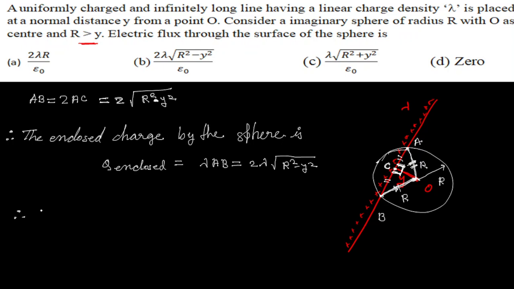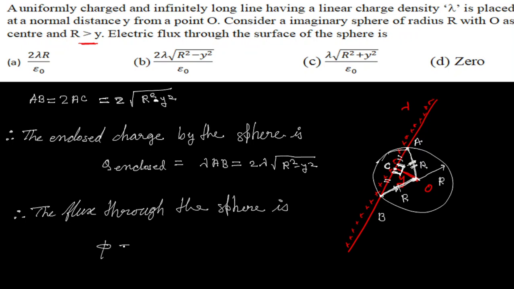So therefore the flux through the surface of the sphere is phi, which will be Q enclosed.